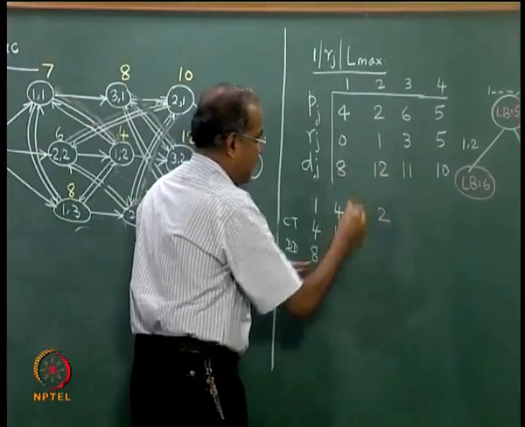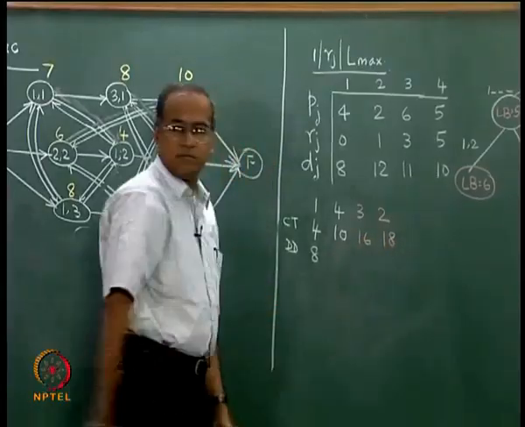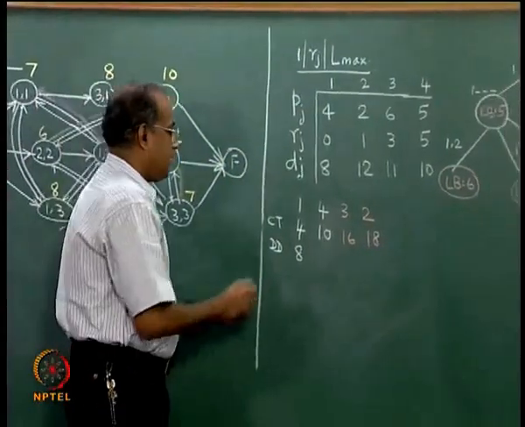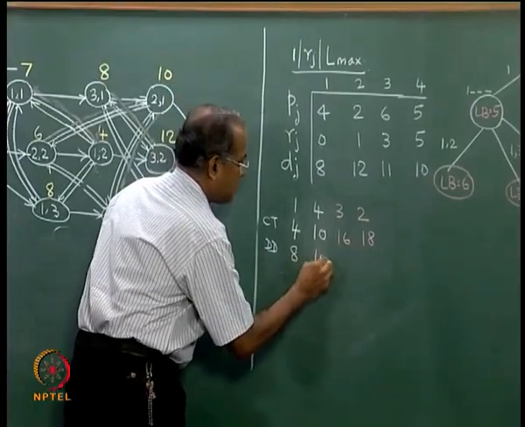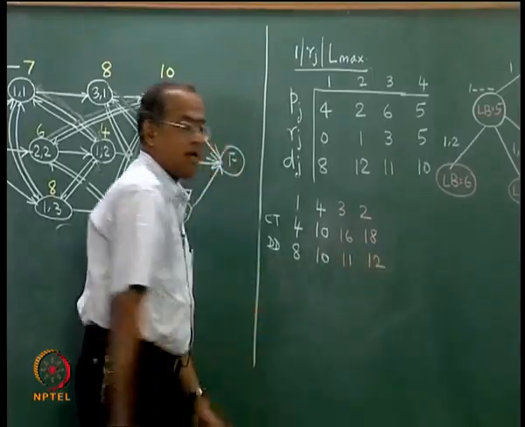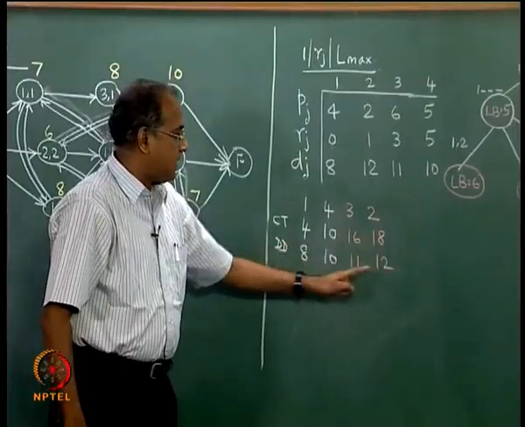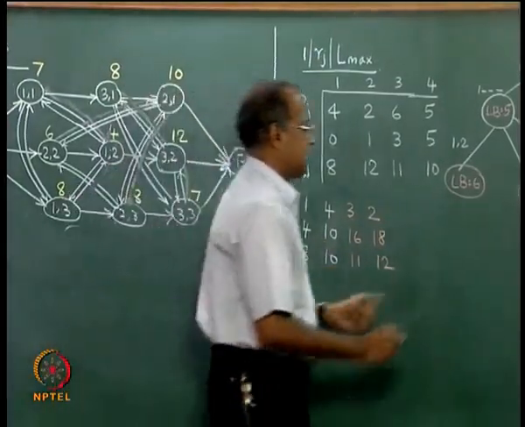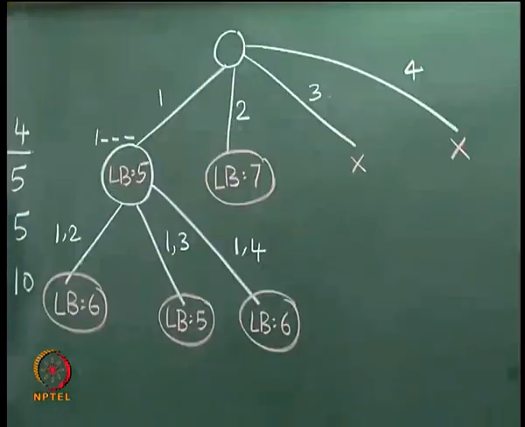So at 10 this is available. So 16 and 18. Now the due dates are 8, 10, 11 and 12. 11 for 3, 12 for 2. L max is here. So L max is 6.